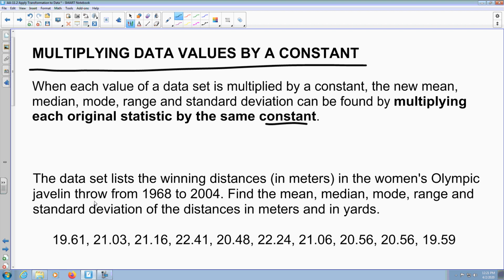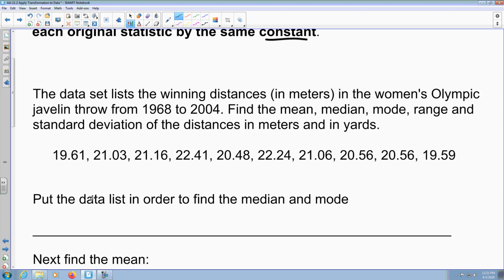So all 5 of these original stats will change, but you're going to multiply them by whatever that constant happens to be. So in this example here, we have data sets for winning distances in meters in the women's Olympic javelin throw from 1968 to 2004. They want you to find the mean, median, mode, range, and standard deviation, in meters and in yards.